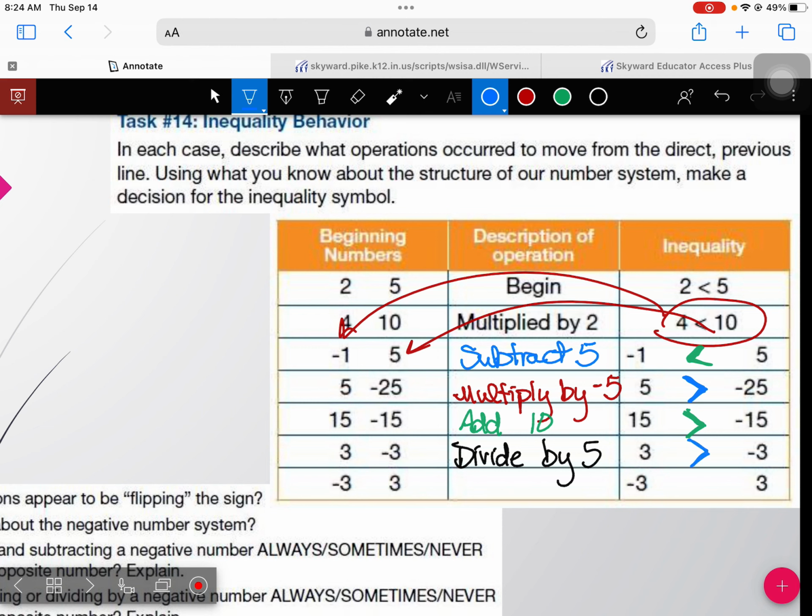And the last one in this column, how do we get from 3 to -3 and -3 to 3? Or you could have multiplied by -1. What else could you have done? Let me think about this.